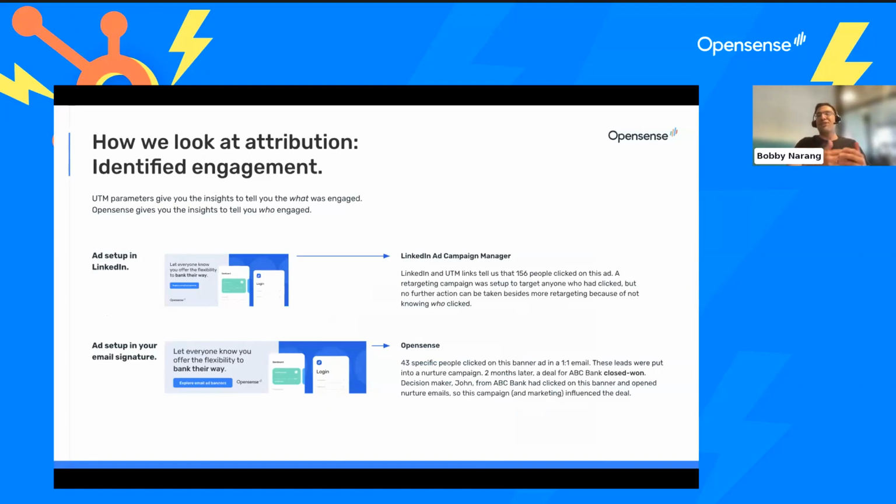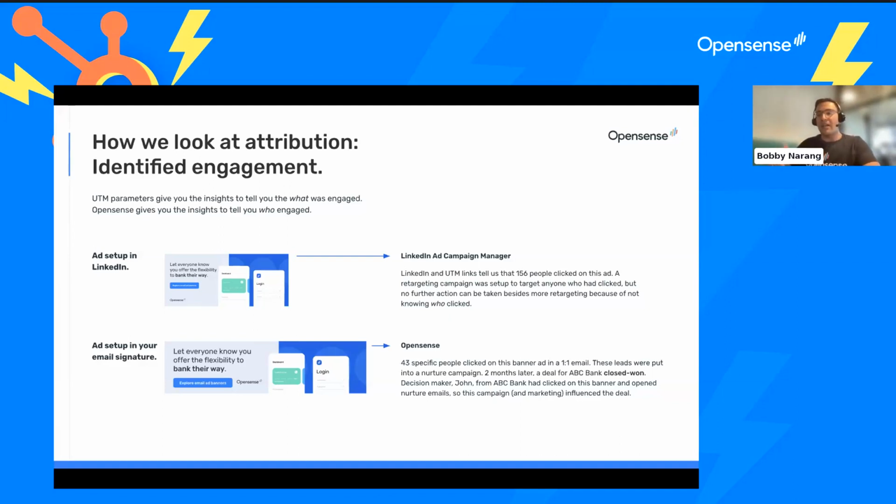An example might be an ad that you promote in LinkedIn. And with any ad in most of your display channels, you're likely utilizing some type of UTM code that basically identifies traffic to your website as sourced through this particular medium. So for instance, you can see 156 people clicked on an ad in LinkedIn, which resulted in a visit to your webpage.